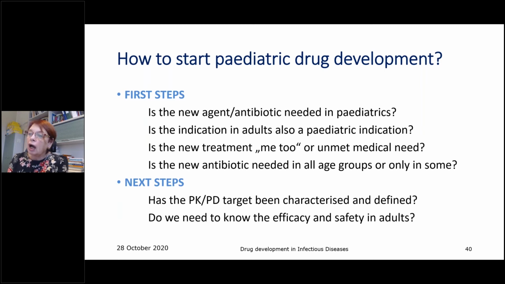So if you have got answers to the first question, you go to the next steps, and you think what is known about this new antibiotic in adults. Has the PK/PD target been characterized and defined? And do we know the efficacy and safety in adults?